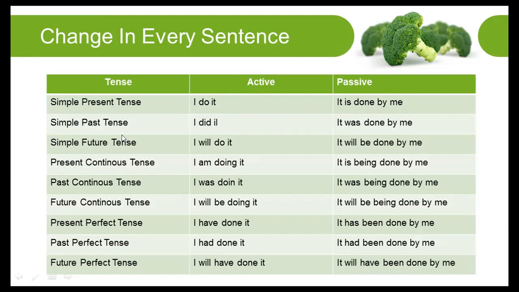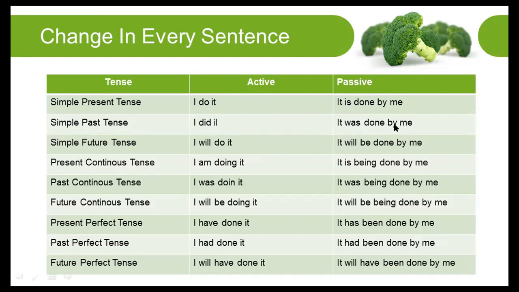Okay. In simple past tense, the active sentence is I did it. We change it: firstly we put the to be in simple past tense, which is was, and did we change to verb 3 or past participle form.